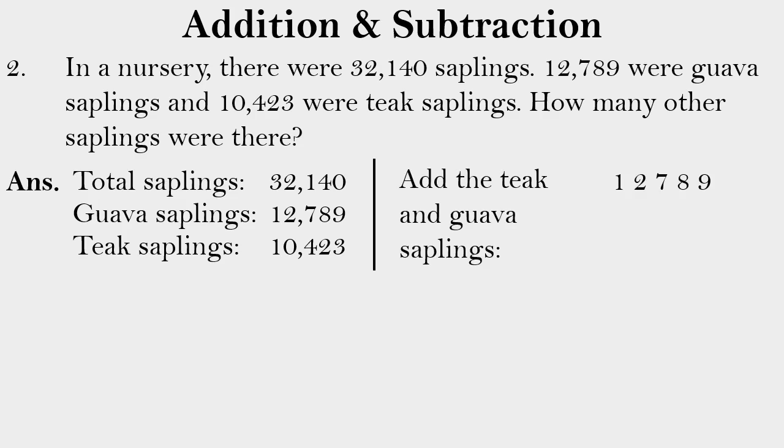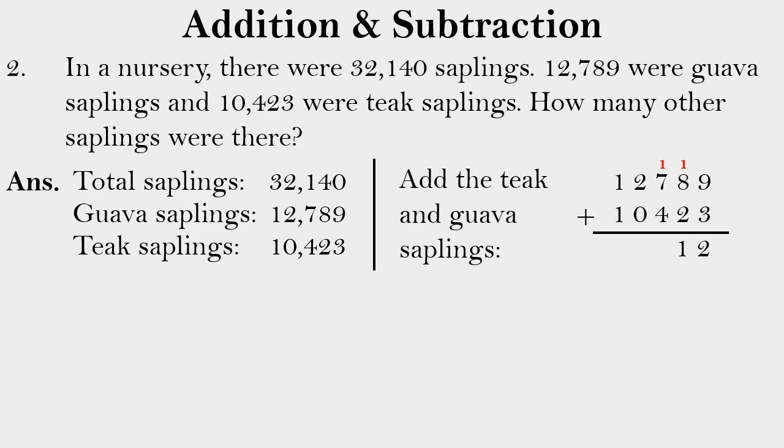Let's do the calculation of the guava and teak saplings. Let's add that first. 12,789 guava saplings and 10,423 teak saplings. Let's put a plus sign. Let's get the total. 9 plus 3 is 12. Carry over 1. 8 plus 1 is 9. 9 plus 2 is 11. 1 in the tens place.